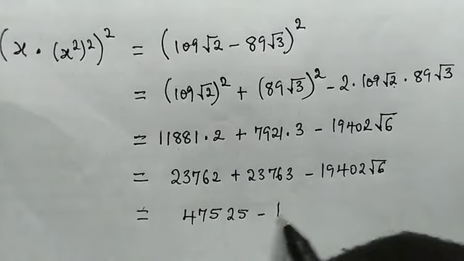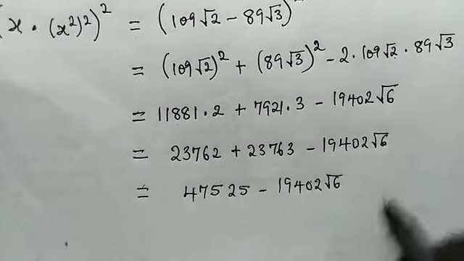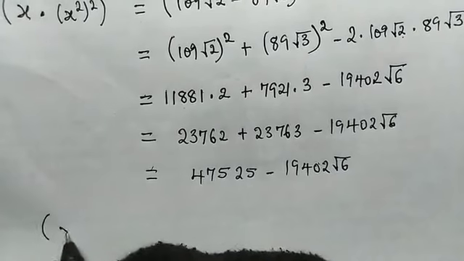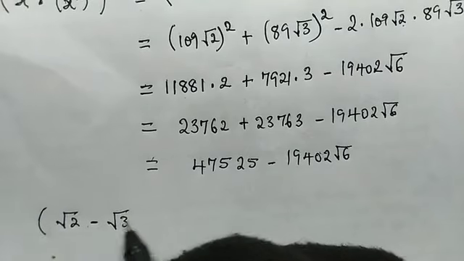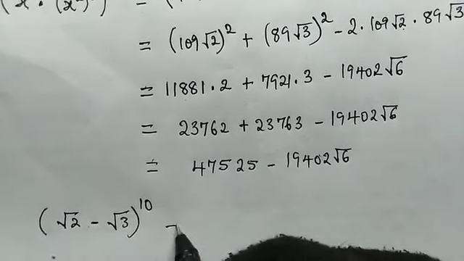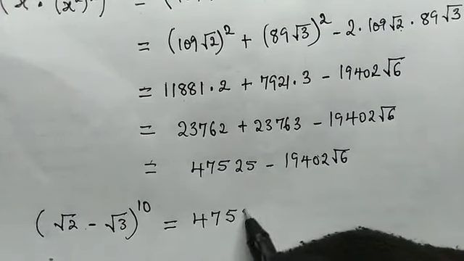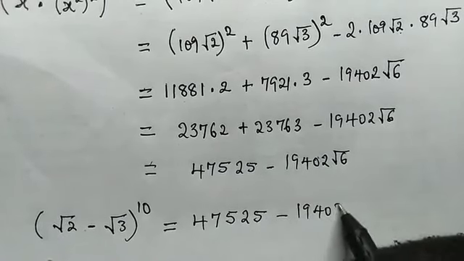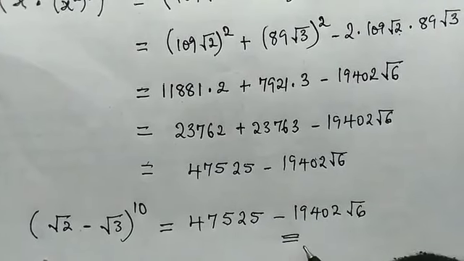Then minus here we have 19402 root 6. So here we have our solution, right? So we have now that root 2 minus root 3 to the power of 10 is exactly equal to 47525 minus 19402 root 6. And this is the right answer.